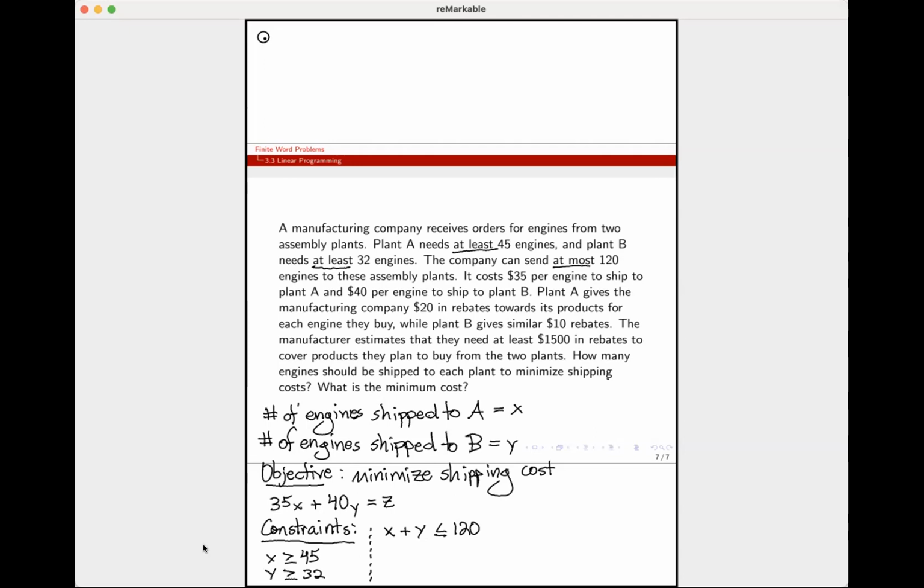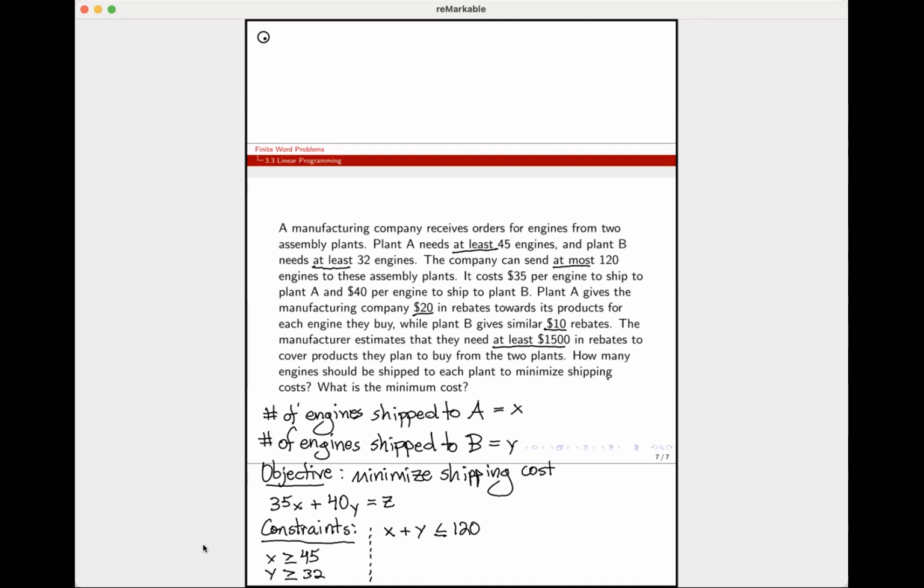Let's see. So there's some stuff about rebates, right? So plant A gives $20 in rebates. Plant B gives $10 in rebates. And then we have our final constraint. The manufacturer estimates that they need at least $1,500 in rebates, right?